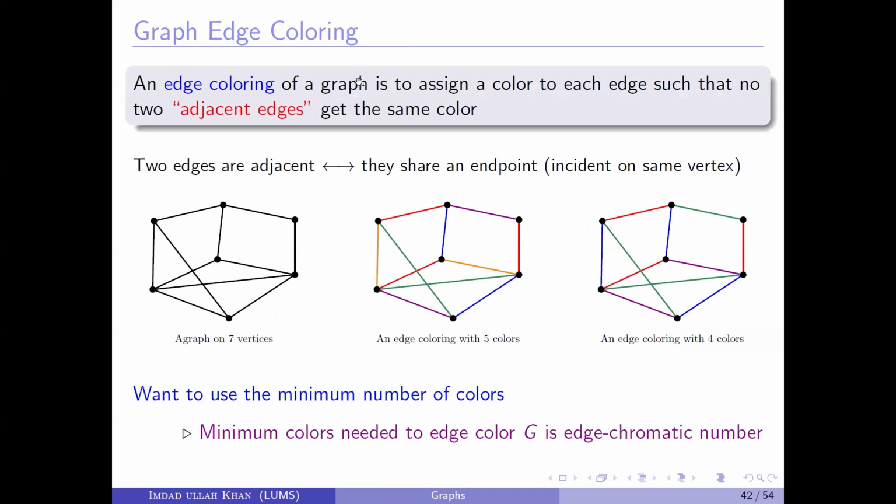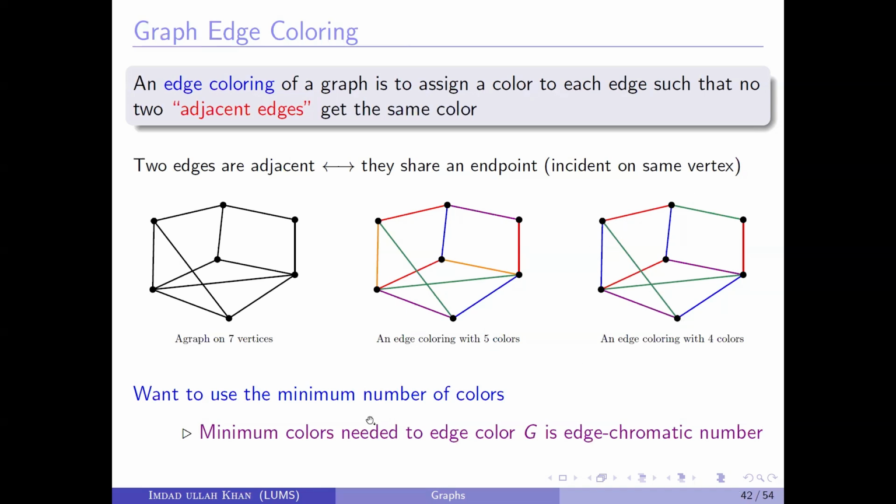Graph coloring is another kind of coloring. In the previous graph coloring, we were focusing more on vertex coloring. In edge coloring, we have to assign a different color to every two adjacent edges. If you look at the graph on the rightmost part of the slide, no two adjacent edges have the same color.